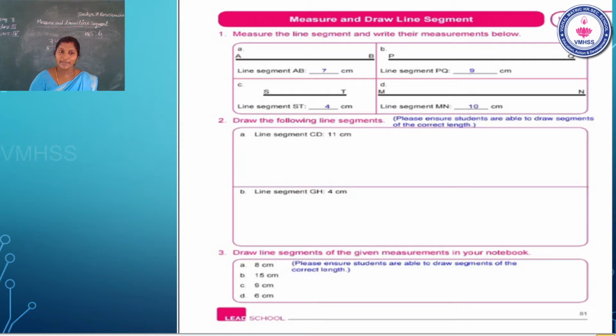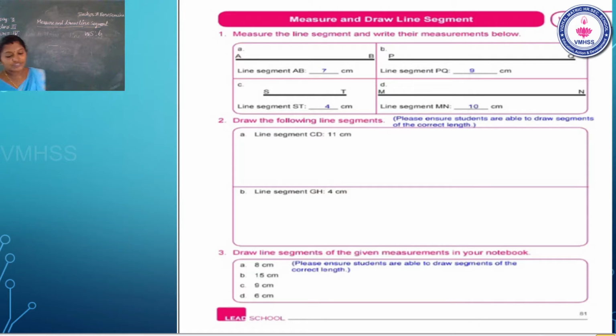So, what are the main rules? Keep the 0 centimeter end of the ruler on point A. First we draw. Okay, see the board. Already we drew one line segment, 4 centimeter.